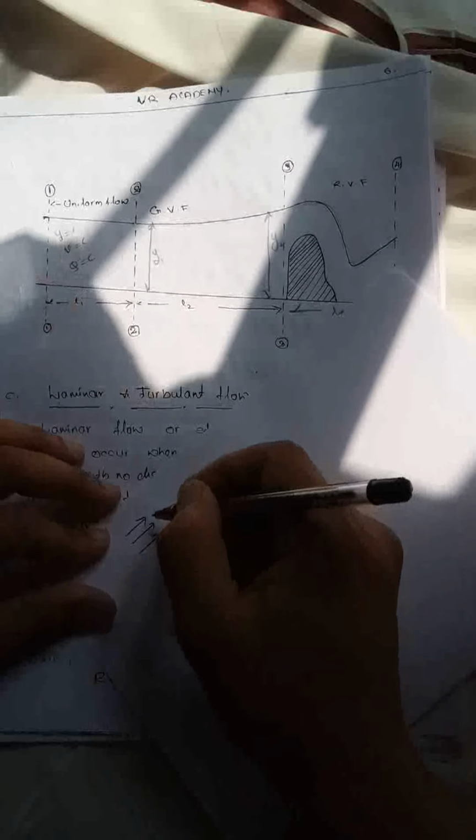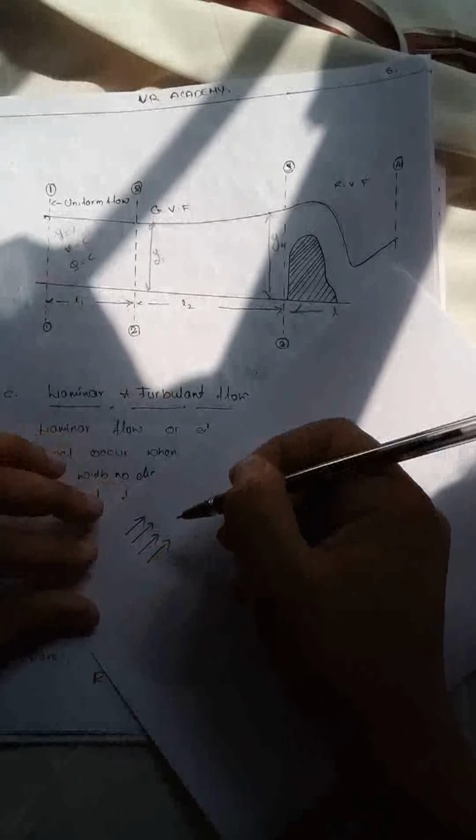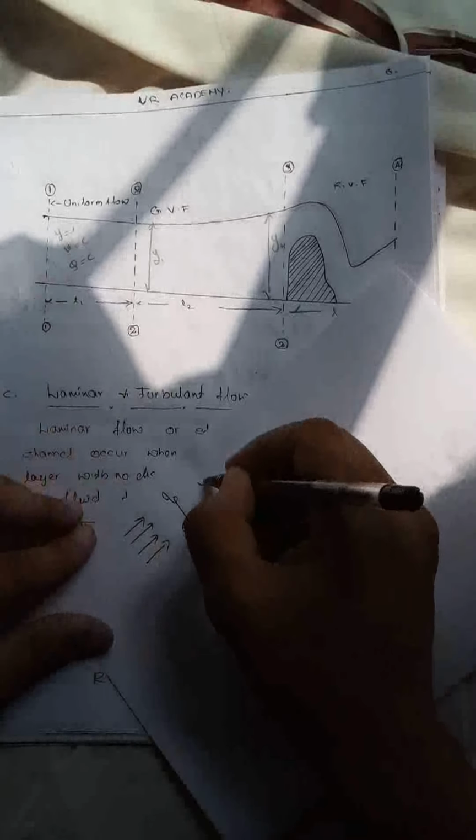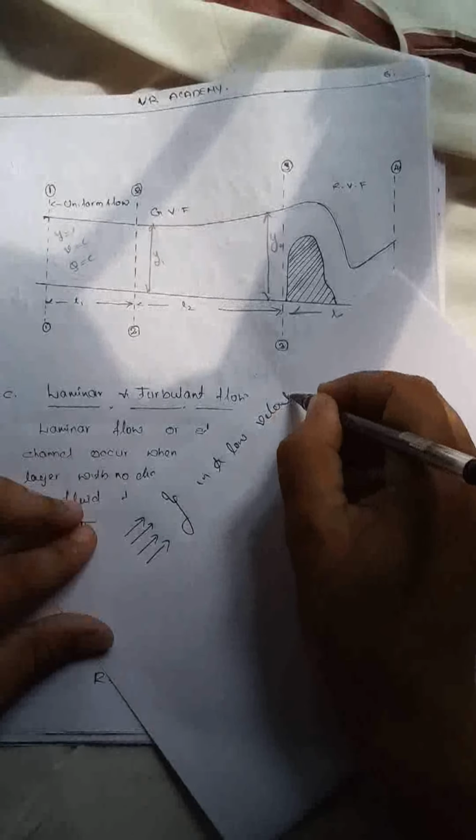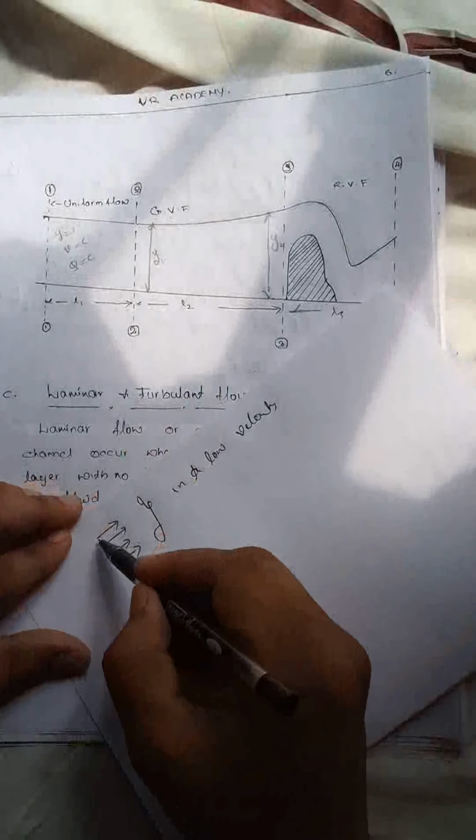There is no lateral mixing, and this is only possible at low velocity. The fluid layers move parallel to each other with no lateral mixing, and it is only possible at low velocity.